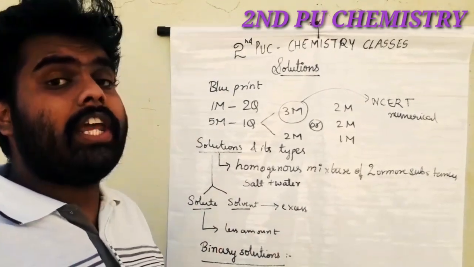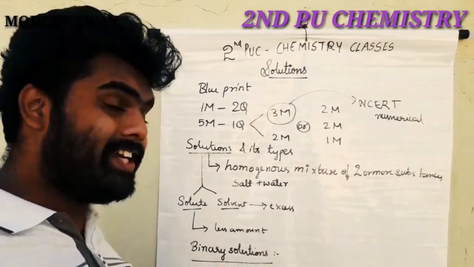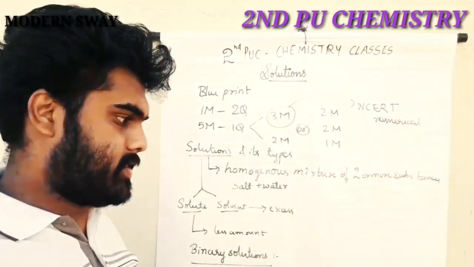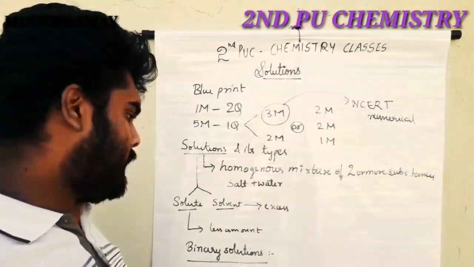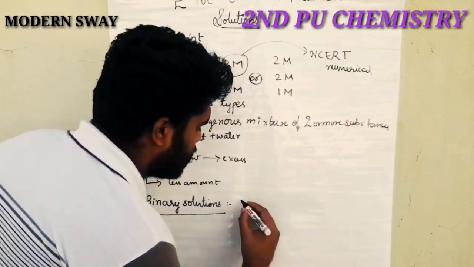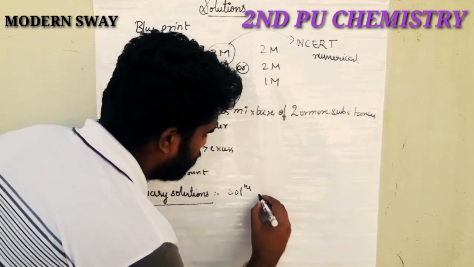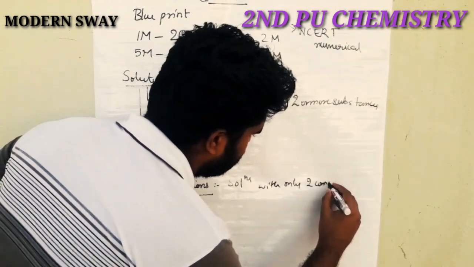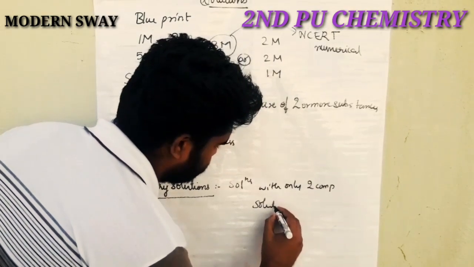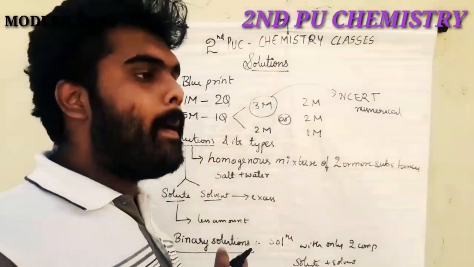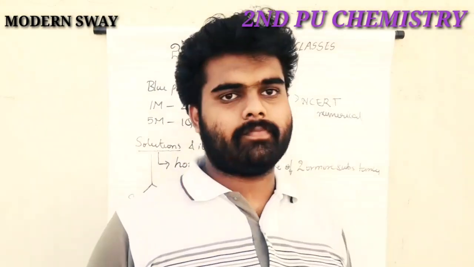Especially if a solution is having only 2 components, one solute and one solvent, we call it a binary solution.